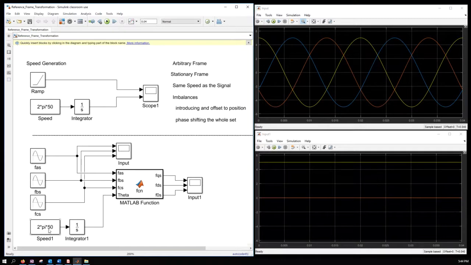Instead of 2 pi 50, you can have a couple more signals go in here, and see what that does to your signal. So there are different things that you can try with this, but yeah. Overall, this is the effect, and this is what happens with reference frame transformation.